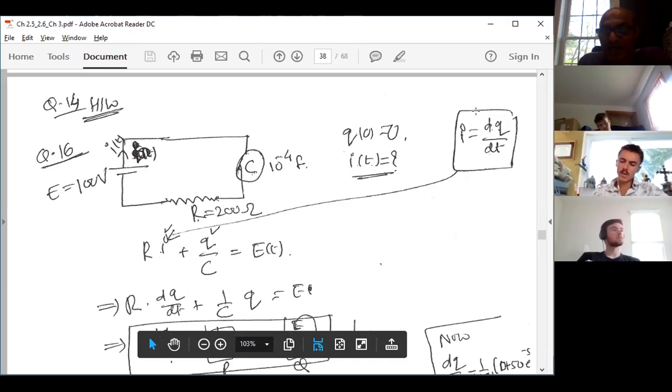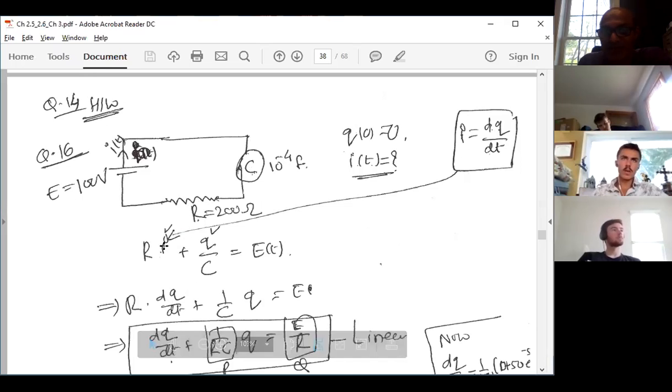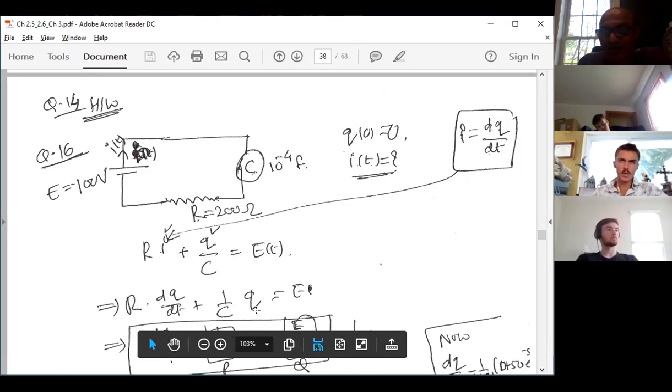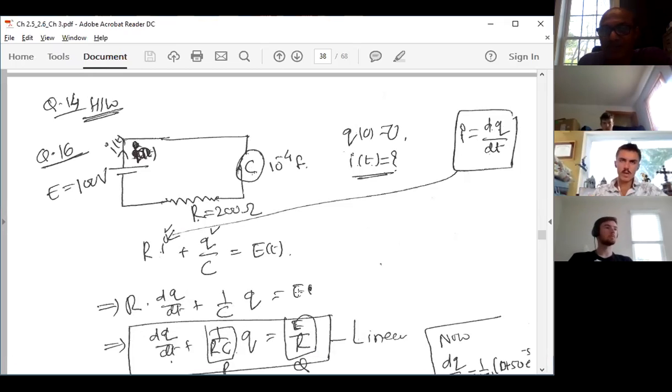So I is dq by dt. Let me convert this I to dq by dt. So R times dq by dt plus 1 over C times Q is equal to E. Right, guys? That is equal to E.